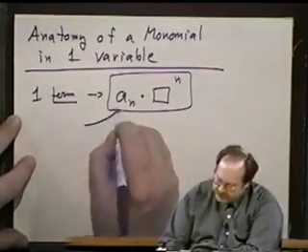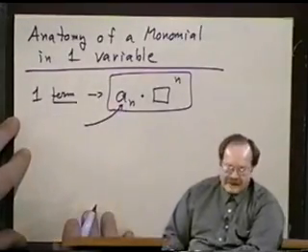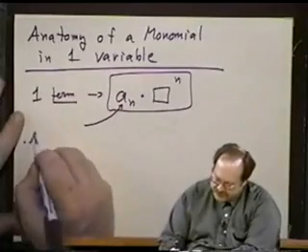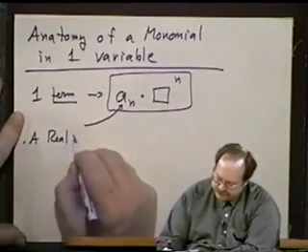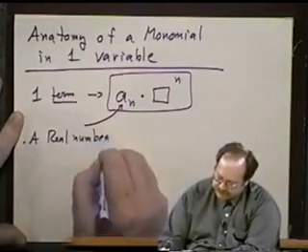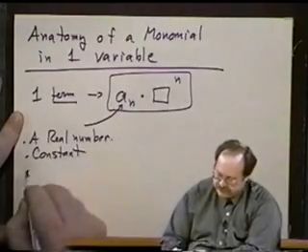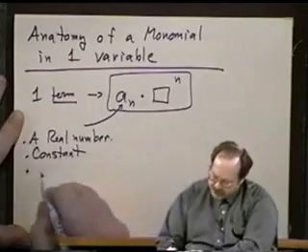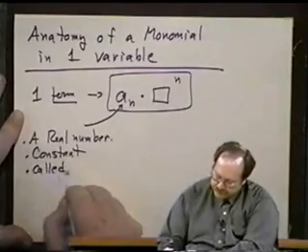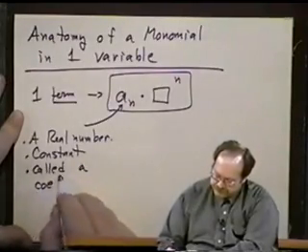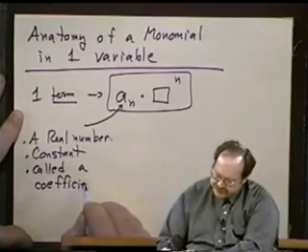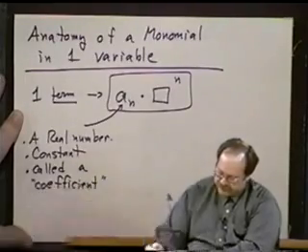All right, let's first start on the left here with this a sub n. This is a real number. In other words, it's a constant. It's given a name. It's called a coefficient. That is another piece of terminology you have to learn about polynomials.